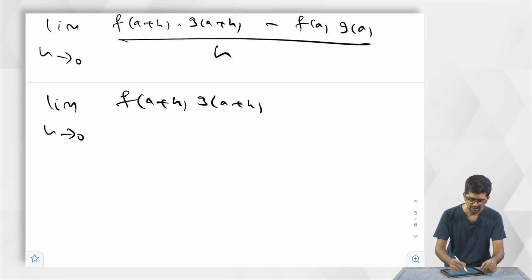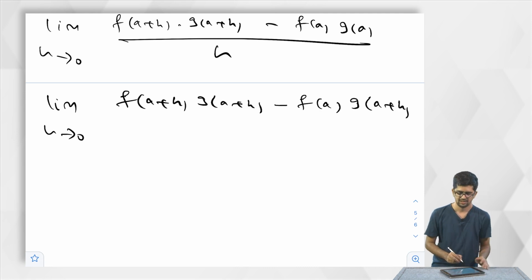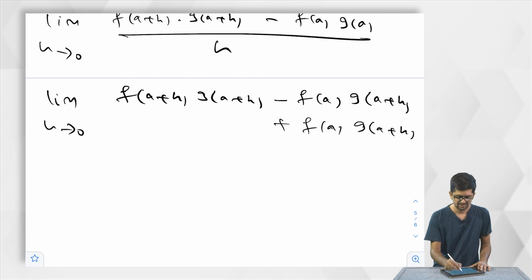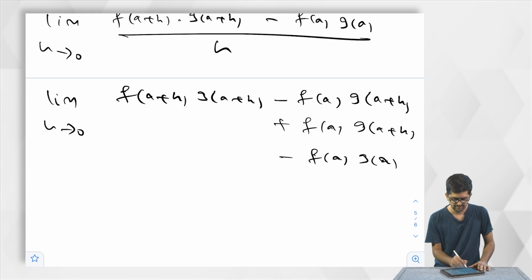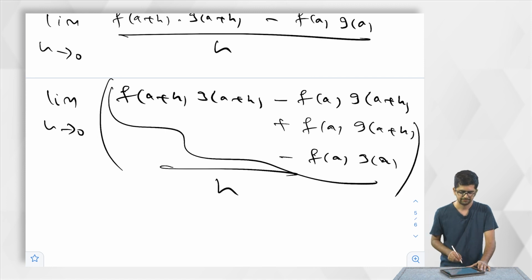So let me add f of a times g of a plus h. I cannot add it simply, I have to remove that also. So f of a times g of a plus h, and I am keeping this as it is, so minus f of a times g of a, and this whole thing is divided by h.